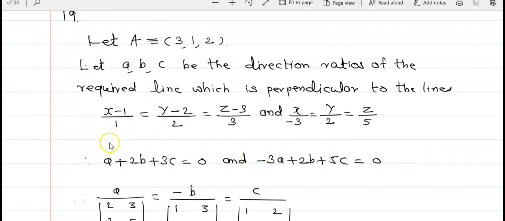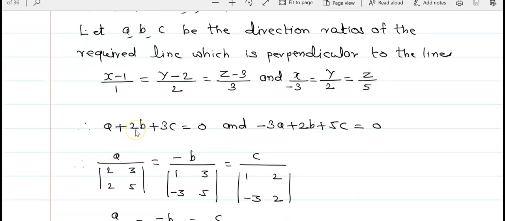Therefore, the equations are a plus 2b plus 3c equals 0 and minus 3a plus 2b plus 5c equals 0. For the value of a, other than a we take b and c, 2, 3, 2, 5. The middle one is minus b, other than b, that is a and c, 1, 3, minus 3, 5.